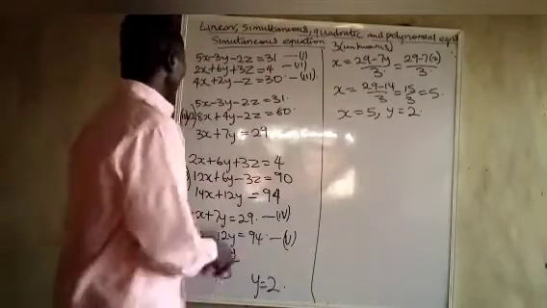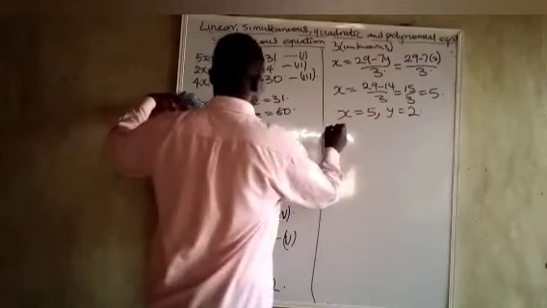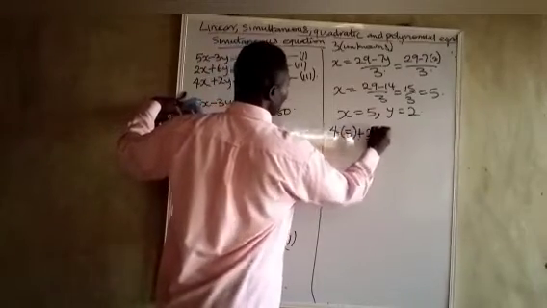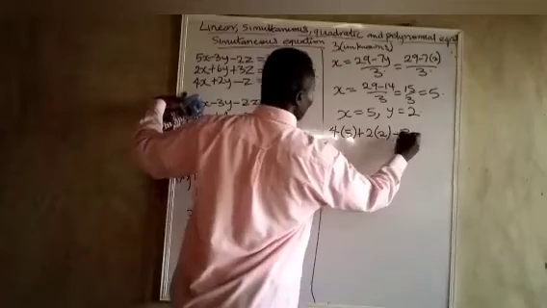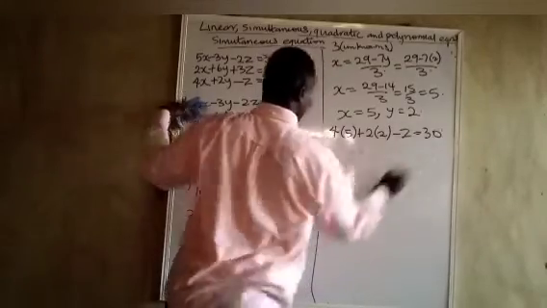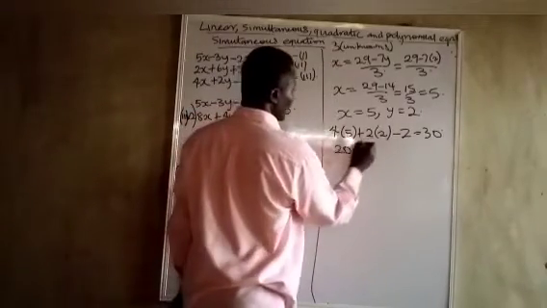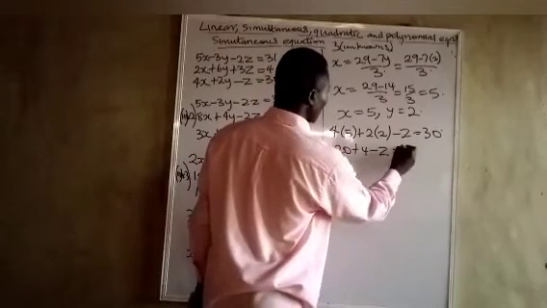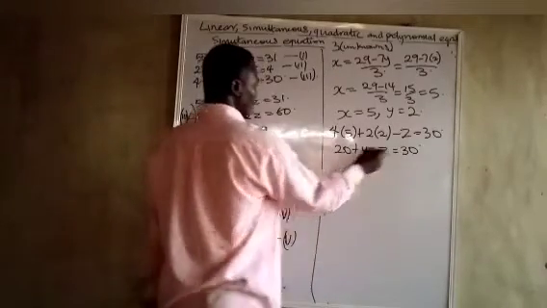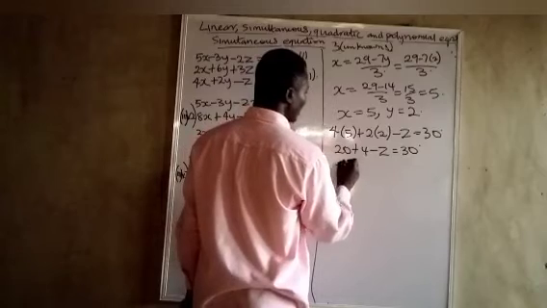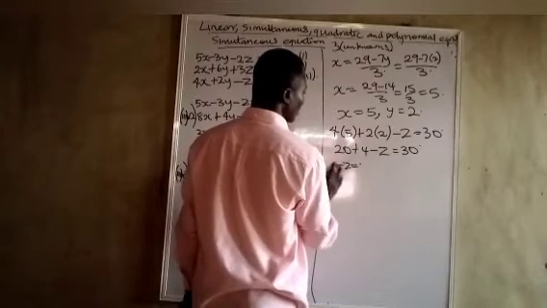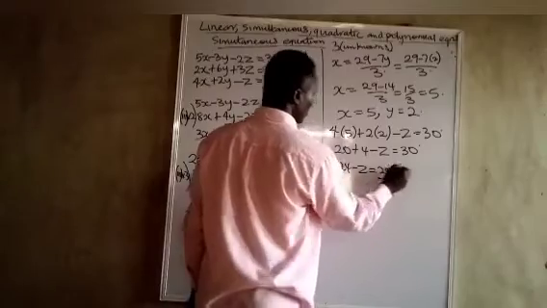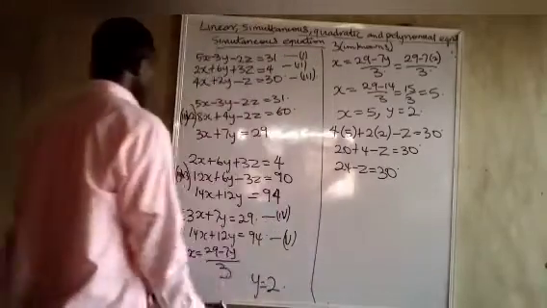Now to find z, we can substitute for x and y in any of the 3 equations. So let's use the third equation. 4 into 5 plus 2 times 2 minus z is equal to 30. This one is 20, this one is 4, so 24 minus z is equal to 30.